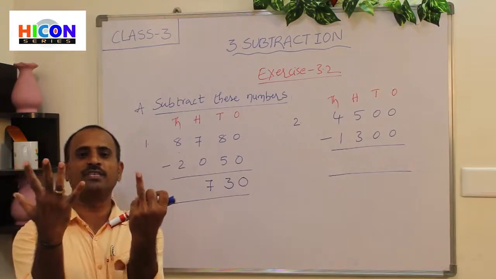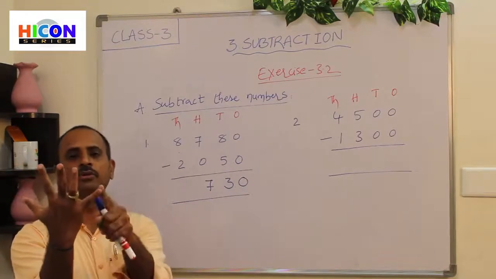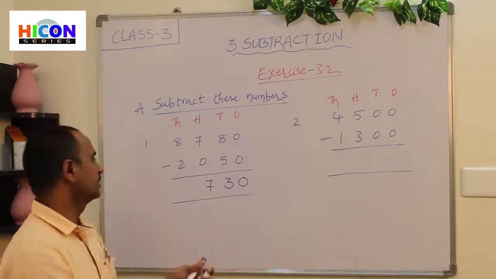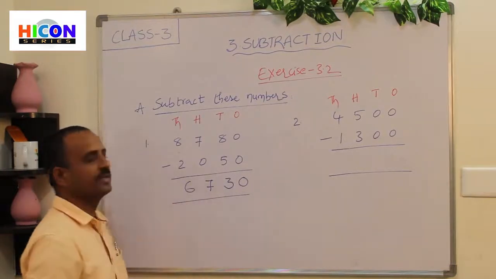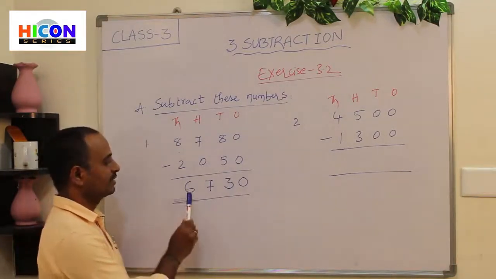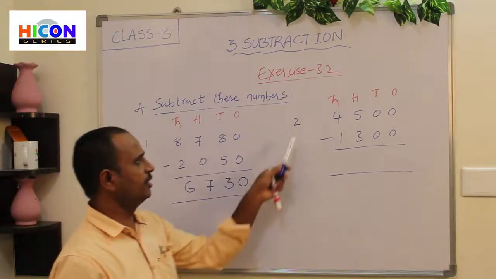How many fingers are left there? Count these: 1, 2, 3, 4, 5 and 6. So there are 6 fingers remaining. Write 6 under thousands place. Children, this is the answer: 6730 is the answer.